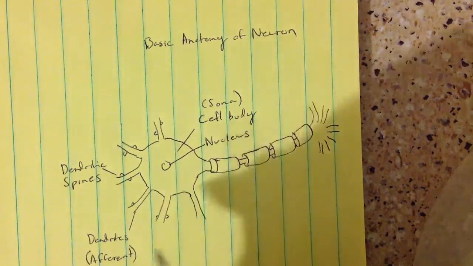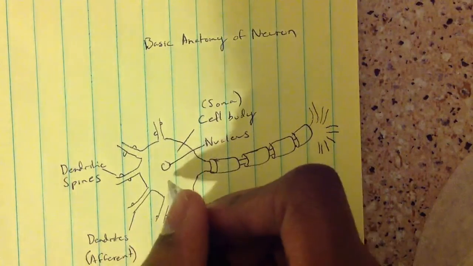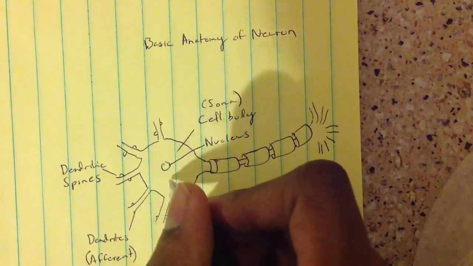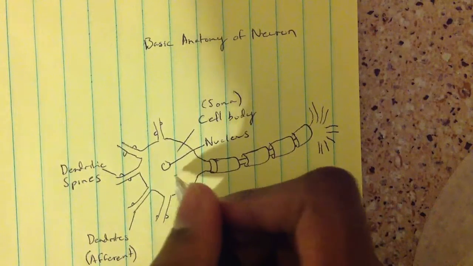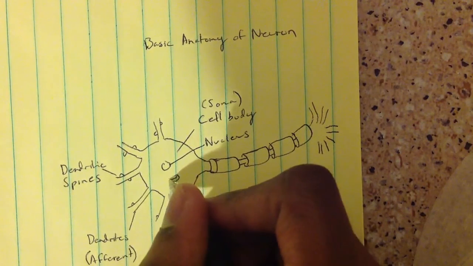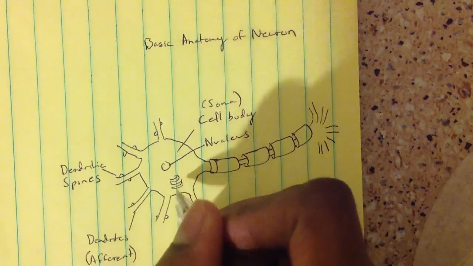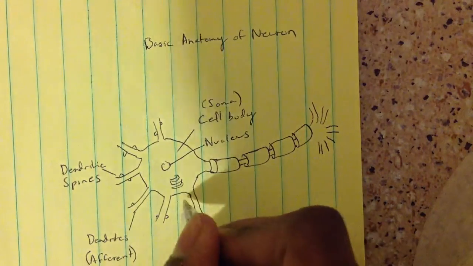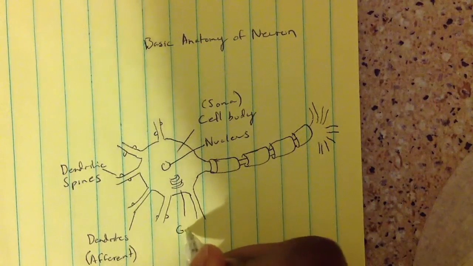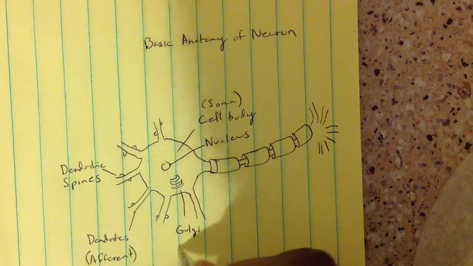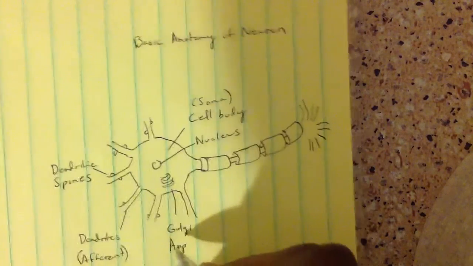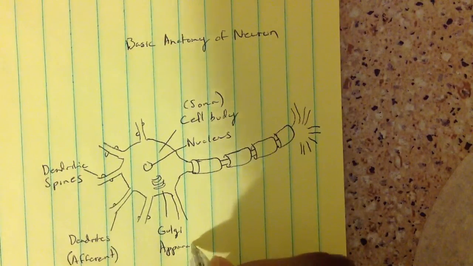And then just in here, you have the Golgi apparatus. I can just draw something like that. Your Golgi apparatus packages it. Just remember that it's a packaging unit.